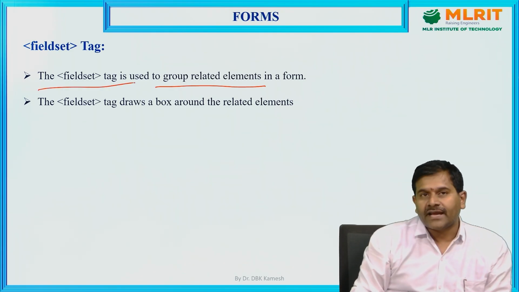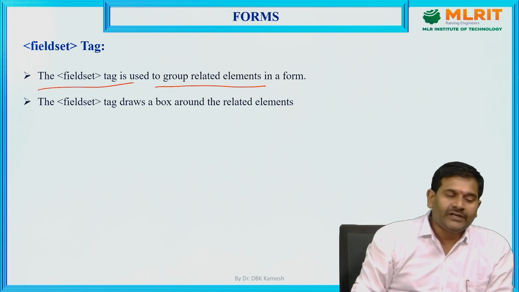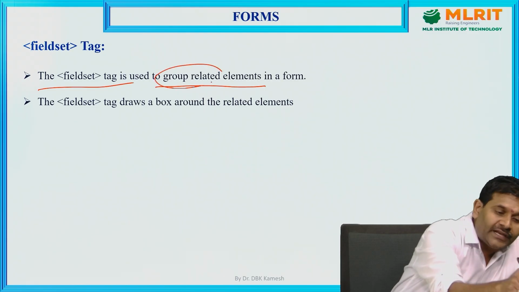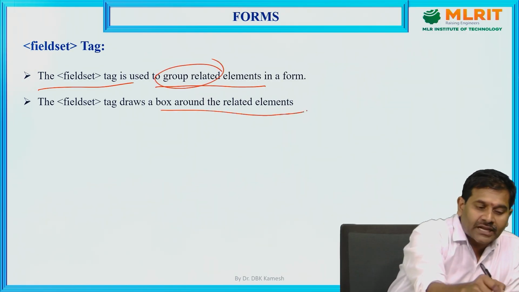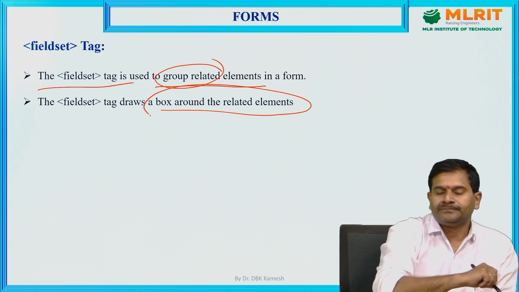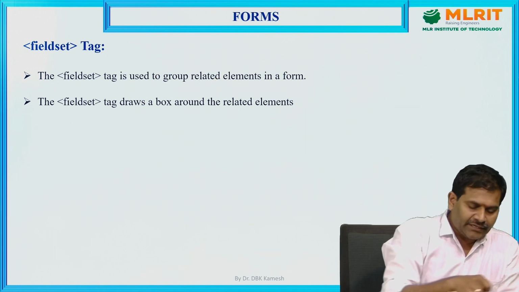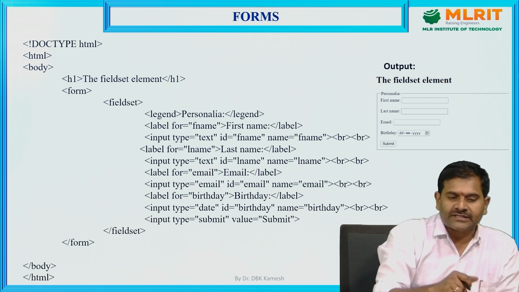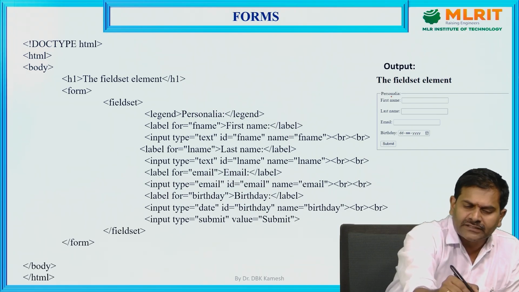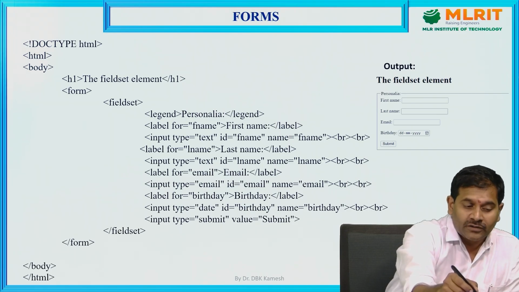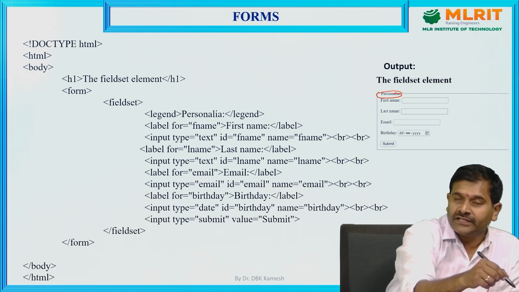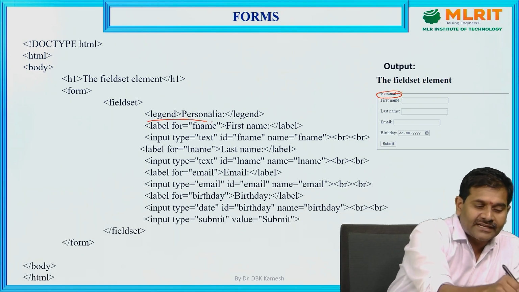That tag is called the fieldset tag. The fieldset tag is used to group related elements. This tag draws a box around the related elements, right? Then how you use it is with the legend element, for example, personalia, and this is the legend personalia.